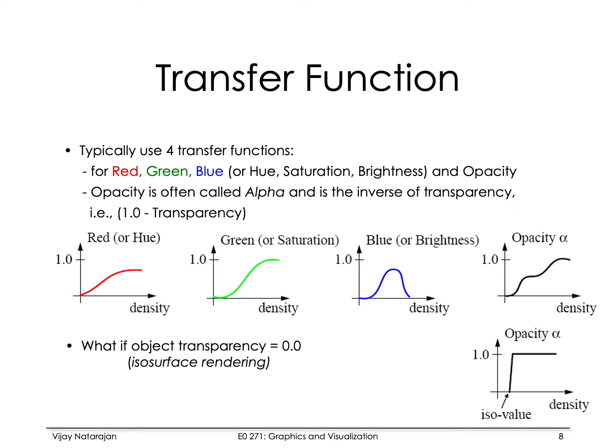So we would need an ISO value. Let's say at the ISO value, we would need the opacity to go to 1 and maybe stay at 1, assuming that the region in the interior of this isosurface have function values greater than the ISO value. Else we would need essentially a delta function, a spike at the ISO value.